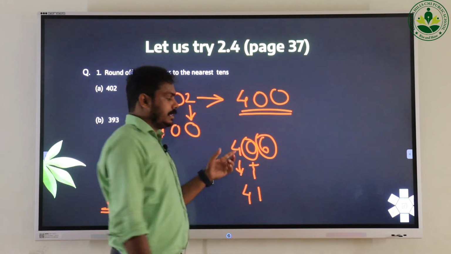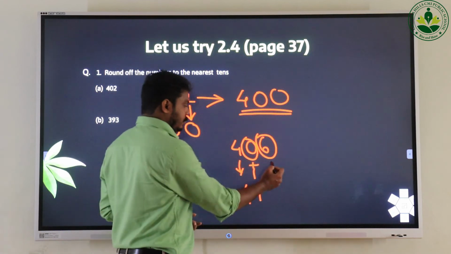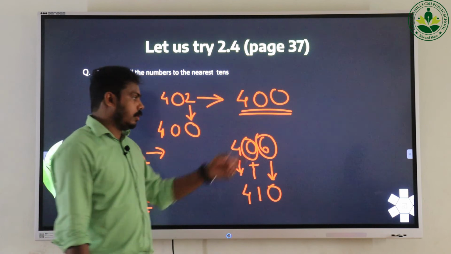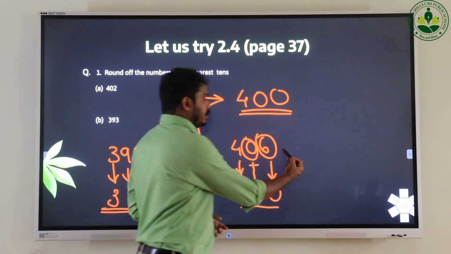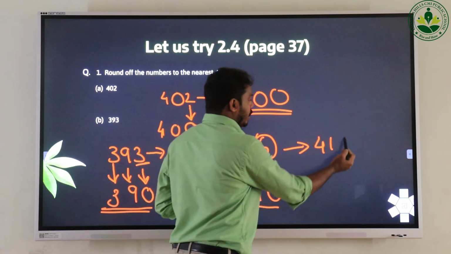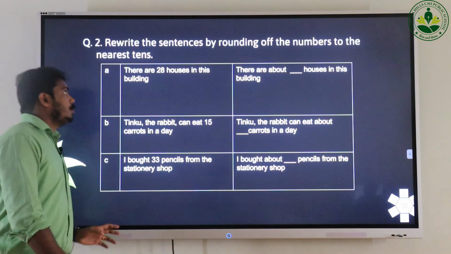There is no change in the hundreds place digit, and 6 becomes 0. Instead of 6, write 0. So the nearest tens of 406 is 410.